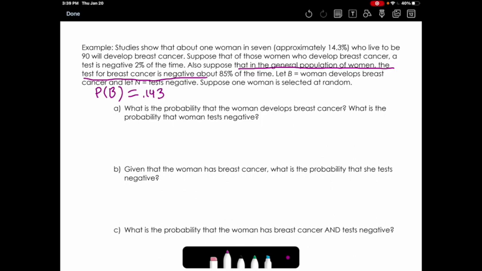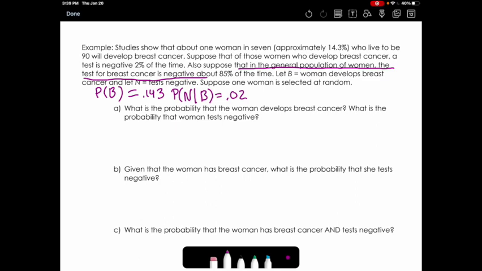The probability that a woman tests negative, given that she actually does have breast cancer, would be written like this. It's conditional probability, and we said that that happened 2% of the time, and we'll write it as a decimal as 0.02. And then in general, it says, so that means it's not a conditional probability.